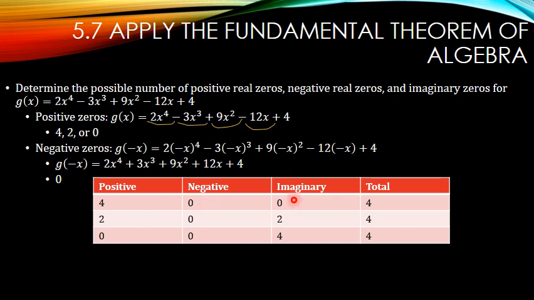So that means there's no imaginary, because I already have 4 positive ones. If there are only 2 positive zeros, I need 2 more zeros to make my total of 4. Well, it can't be negative zeros, so that means they'd have to be imaginary zeros. Or maybe there's no positive zeros and 4 imaginary zeros to have my total of 4 zeros.